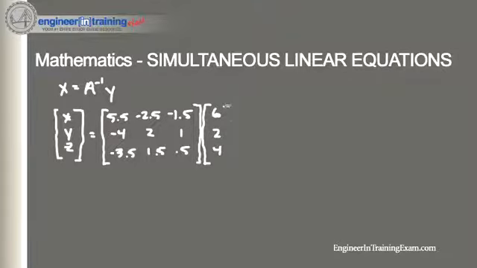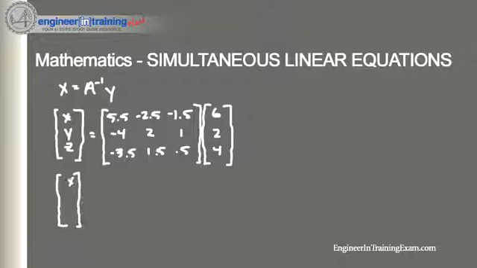So now we're at the point where we can just solve for our values of x, y, and z using matrix multiplication. So let's go ahead and determine what we're going to get here. We're going to get a single column matrix as our answer.